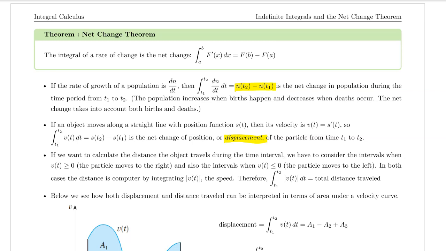This should say computed. And the speed, so the absolute value of the velocity is the speed. Therefore, the definite integral from time 1 to time 2 of the speed function, or the absolute value of the velocity, dt, is equal to the total distance traveled.